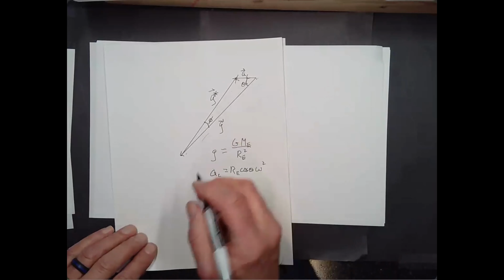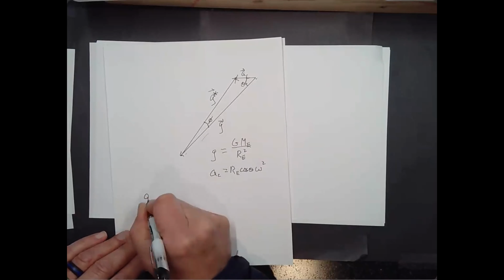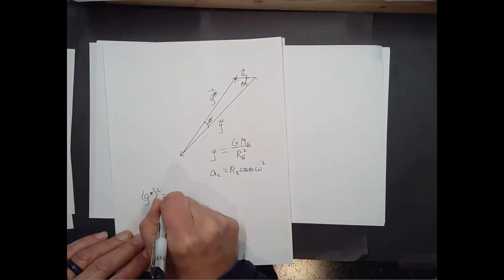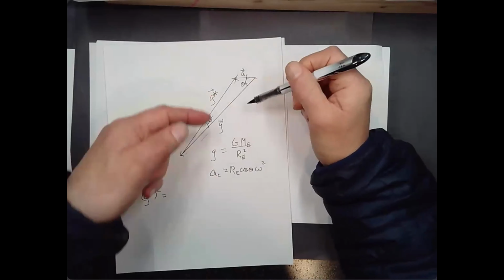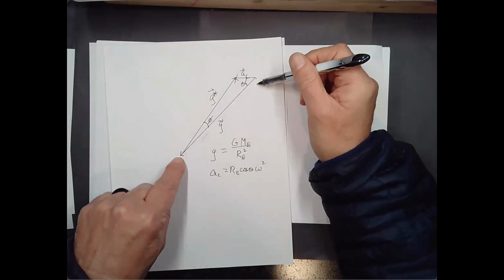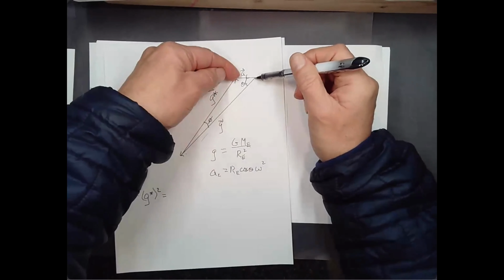So here's what g star would equal. g star squared, and I'm going to use the law of cosines here. Law of cosines, you take one of the sides, square it, add it to the other side squared.